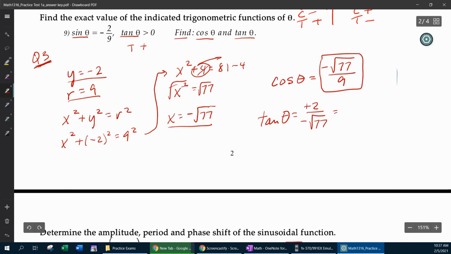But we know a negative over a negative makes a positive, which remember that tangent should be positive, and we need to rationalize. So we're going to copy and paste the square root to the top, and then erase the square root in the denominator, and we're done.